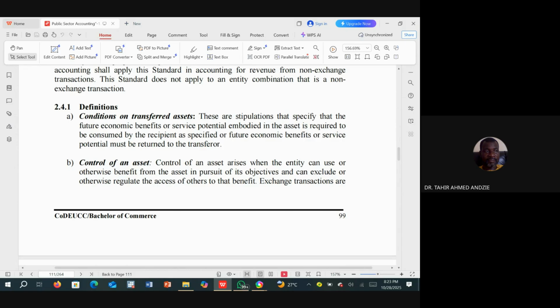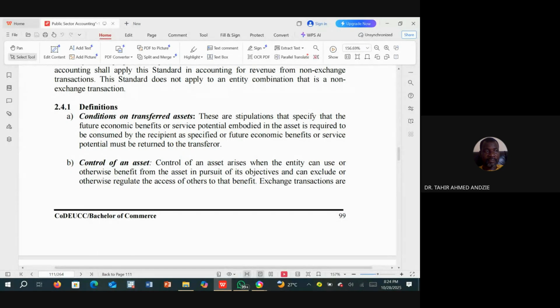Conditions on transfer are stipulations that specify how the future economic benefits or service potential embedded in that asset are required to be consumed. Whether it is funds or whatever benefit that has been given to any government entity, it comes with conditions.